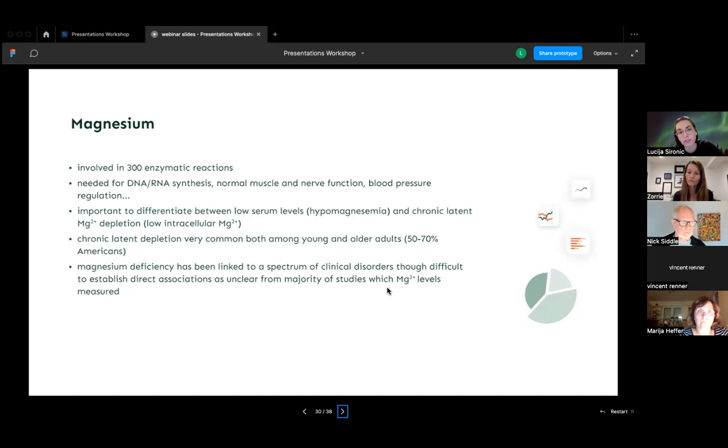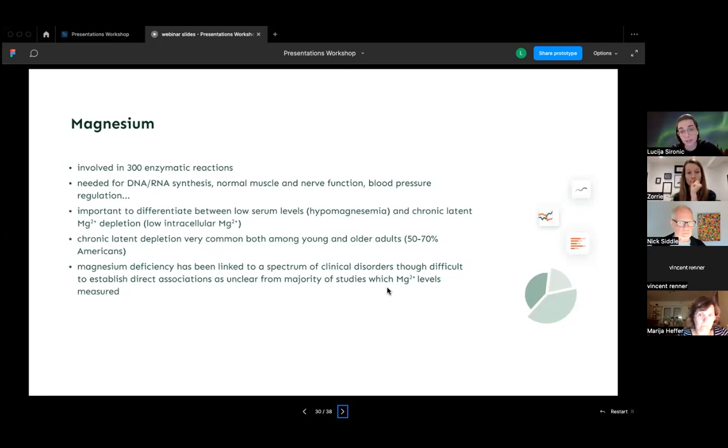Hypomagnesemia, which means that total magnesium in the serum is low, doesn't really happen that often, but it looks like many of us do have what is called chronic latent magnesium depletion, which is basically low intracellular magnesium, which seems to be quite common in the American population.